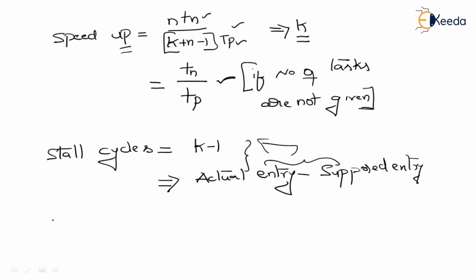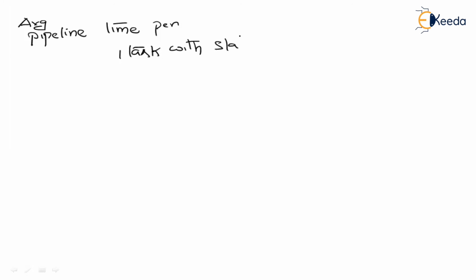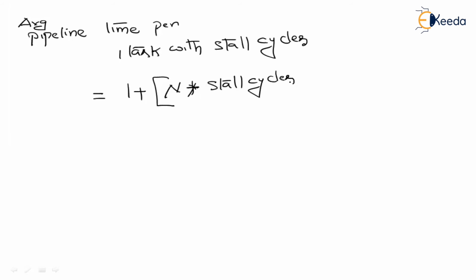Okay, now here one more final rule is average pipeline time for one task with stall cycles is equal to 1 plus, stay focused carefully, n into stall cycles into Tp.